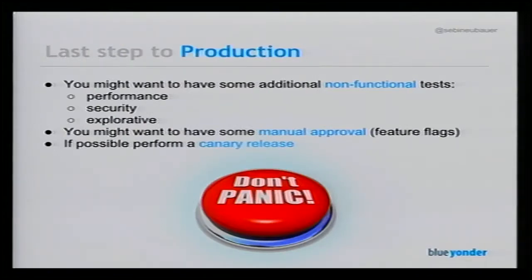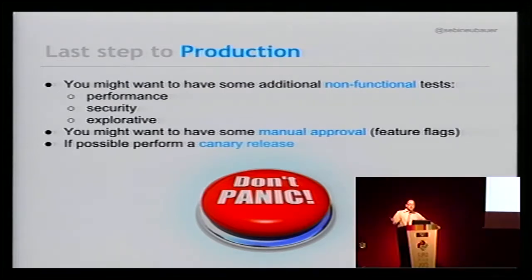And that's it. So that's the last step. If all those acceptance tests have passed, you might want to have some additional non-functional things. These are things like performance measurements, so that you don't have any surprises that a checkout now takes 3 hours.